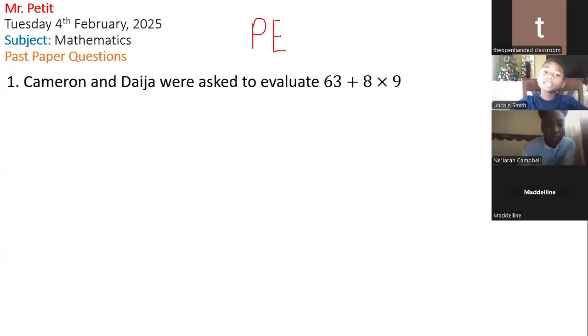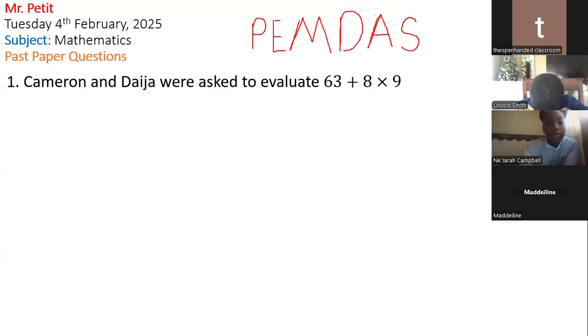Exponents, very good. The M stands for multiplication, very good. The D stands for division, very good. The A stands for addition, very good. And the S stands for subtraction, very good.